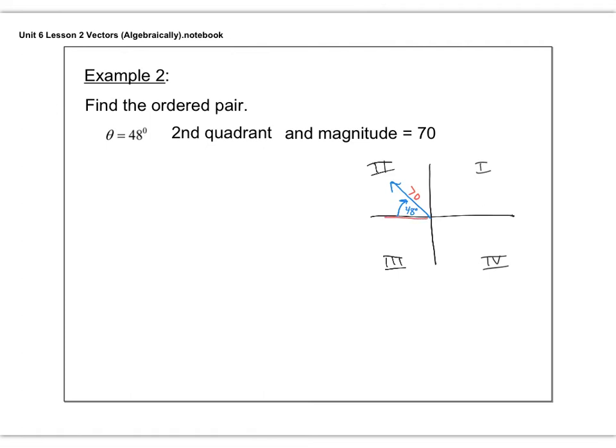Here's my horizontal component. Here's my vertical component. So keep in mind SOHCAHTOA, and let's see if we can find A and B. Let's start with A. If I want to find A, this is adjacent to the 48 degree, and I'm going to use the 70, which is hypotenuse.